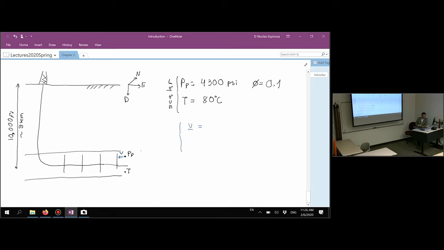In geomechanics, and in mechanics in general, we're going to use always a right-handed coordinate system. It has a specific rule. For a right-handed coordinate system, the first element is going to be your index, the second element is going to be your middle finger, and the third element is going to be your thumb.